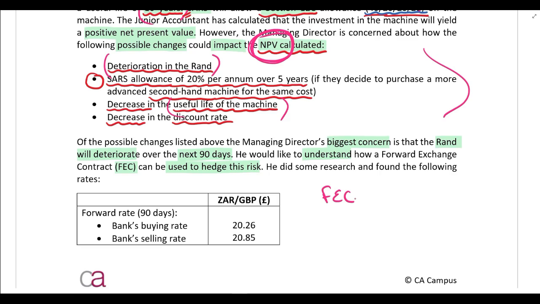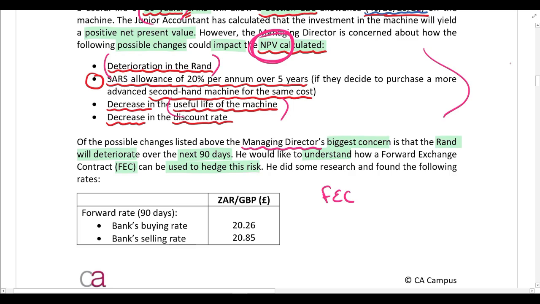It's a binding contract, and at transaction date, the exchange rate for the future is fixed. So the managing director of Furniture Galore can go to his bank and enter into an FEC contract with his bank. But he must understand it is a binding contract. He enters into a contract to buy foreign currency at a future date, but the exchange rate is fixed today.